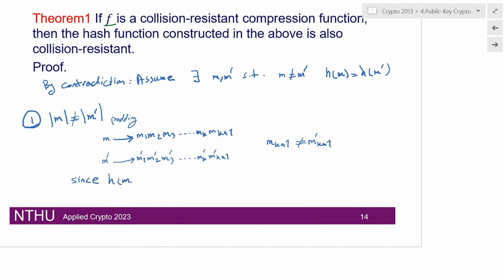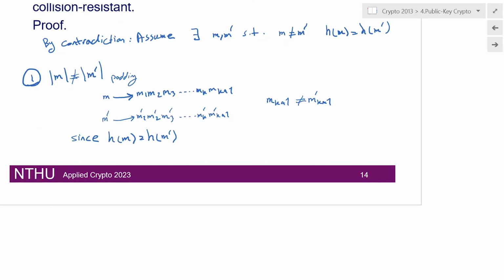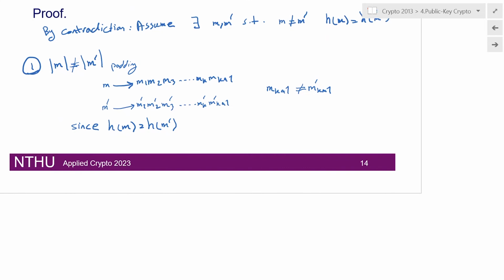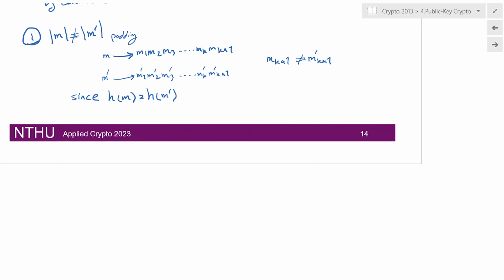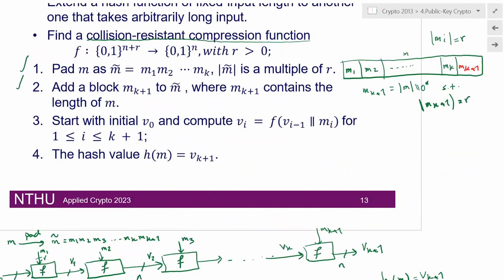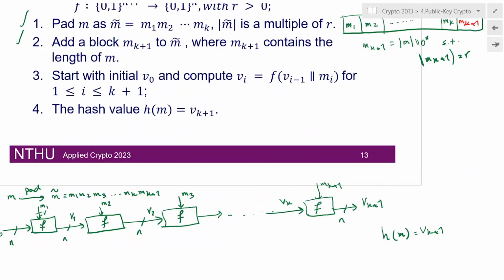But now, since the hash of m equals the hash of m prime, what does that mean? That means that if we look into the latest iteration of this hash function, the iteration where we get our hash results, the input is vk and then mk plus 1, and then we get vk plus 1.